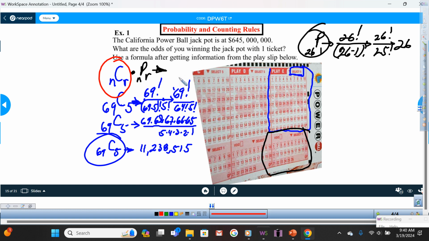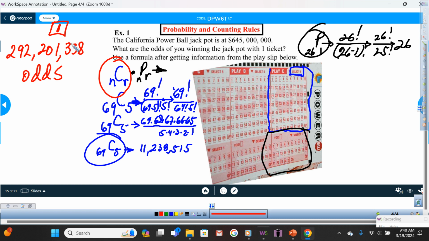Princesa, what'd you get? 338. So, for one person to buy a ticket, it's one out of how many? 292,201,338 odds of you winning the lotto.